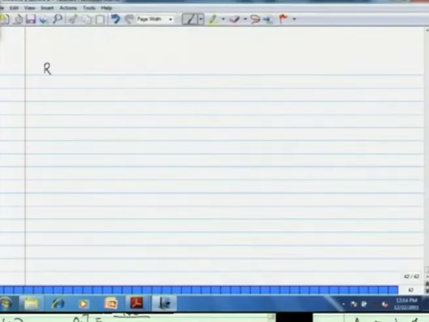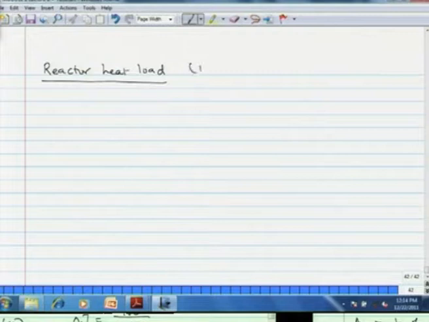Now the next question is about determination of the reactor heat load. Reactor heat load is essentially for reactor 1. For the second reactor, reaction occurs only at 80 degrees centigrade and the reaction is rather fast due to the unstable nature of ketene, and therefore there is not much heat load there.